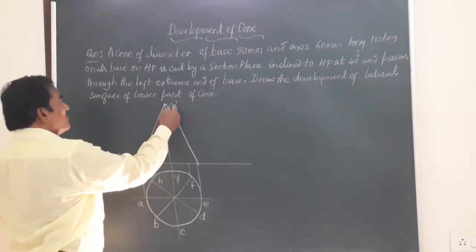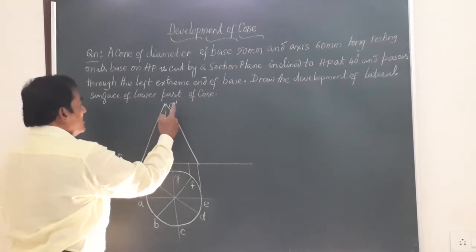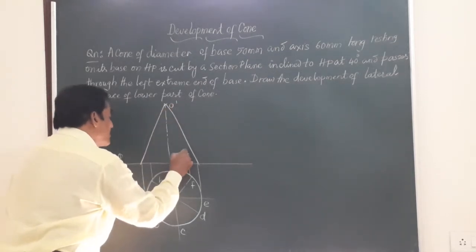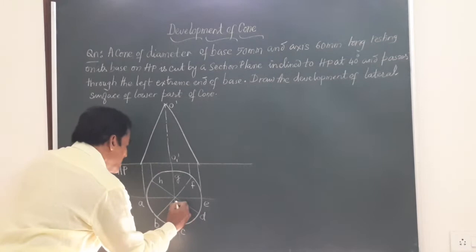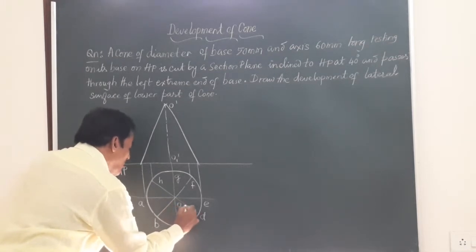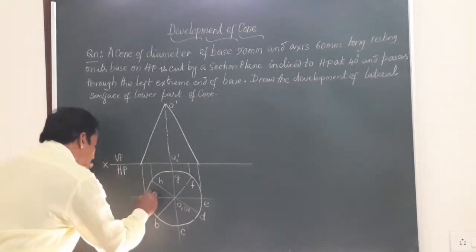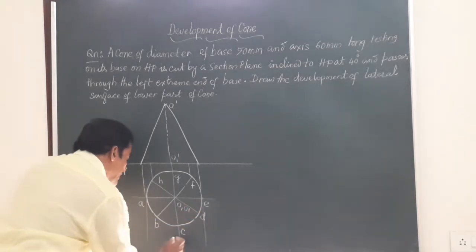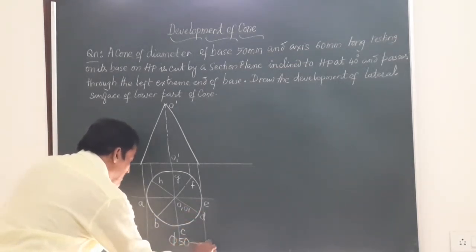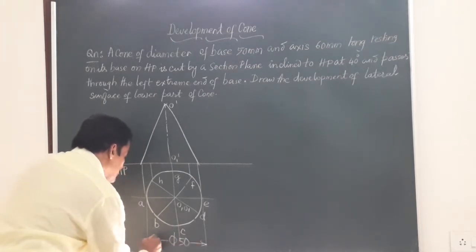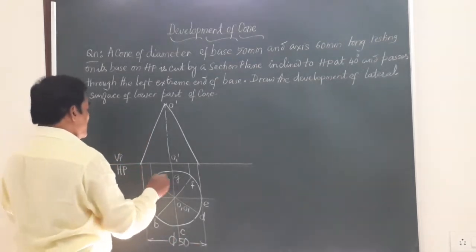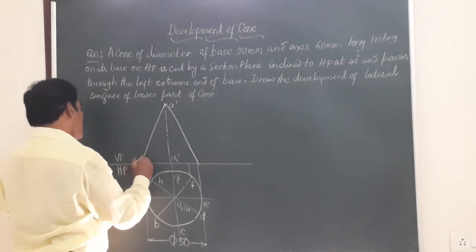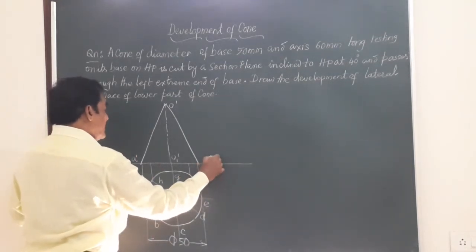O dash is the center of the apex and this O1 dash is the center of the base, and we'll mark here O comma O1, and this has got a diameter 50 millimeter. I will say 50 by indicating the diameter of the circle. Let's mark this. So this end point is A dash, this is E dash.